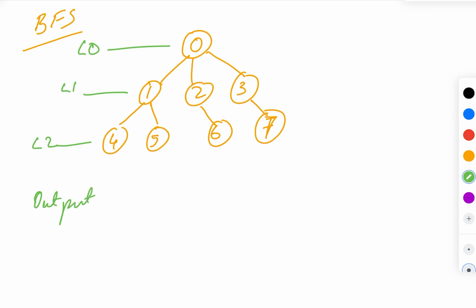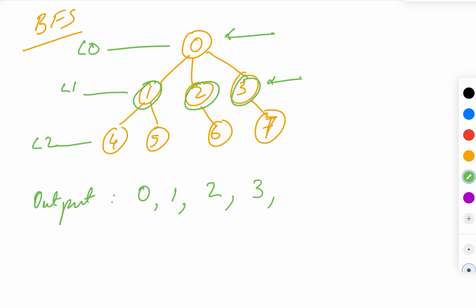So the output is, first we look at all the nodes in level 0 and display them out. Now, there are no more nodes in level 0. So we go to level 1 that's there. Select the first node. Are there more nodes? Yes, 2. And are there more? 3. Yes.